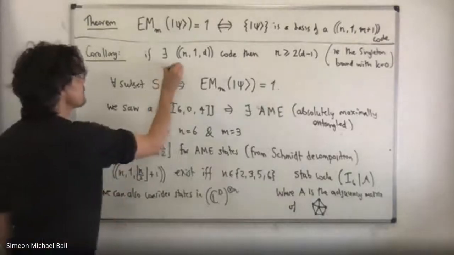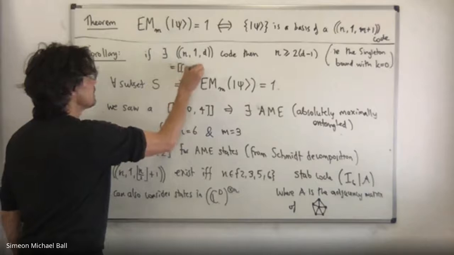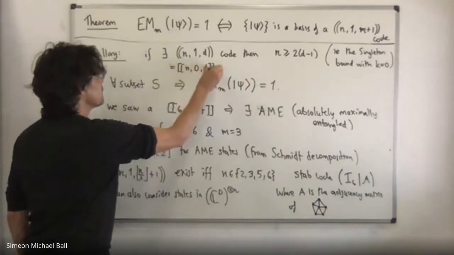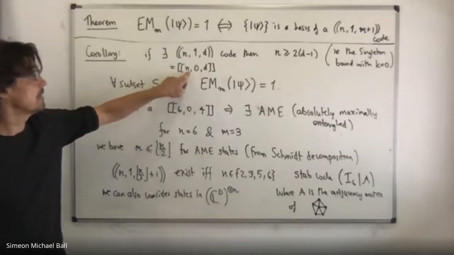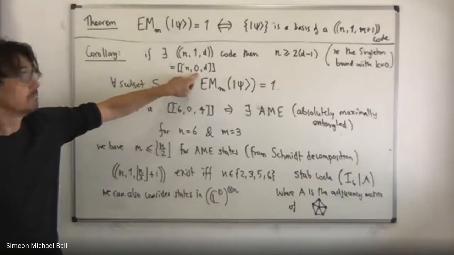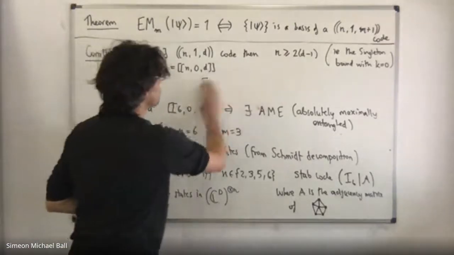So recall that this is equivalent to, in our notation, N, 0, D. And we proved for an N, K, D code that N was bigger than 2D minus 1 plus K. But we did prove for K equals 0. But you see now that it follows from this.